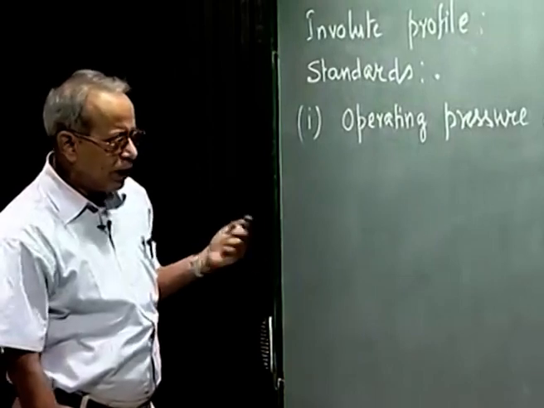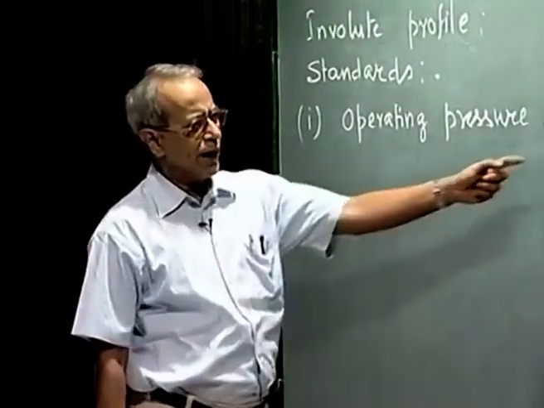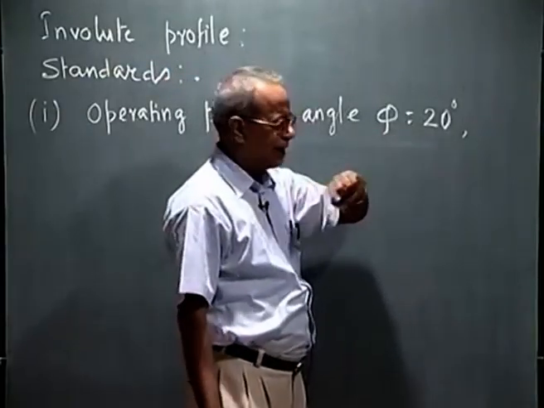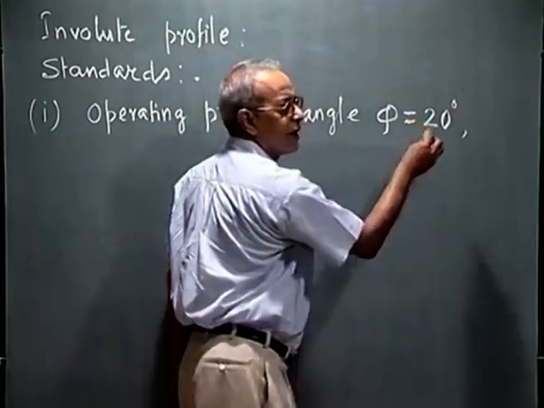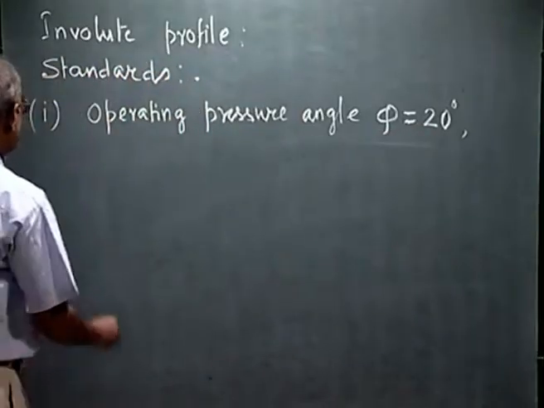Some old gears which were cast also had a value phi equal to 14.5 degrees, but these days most involute gears will have an operating pressure angle equal to 20 degrees.